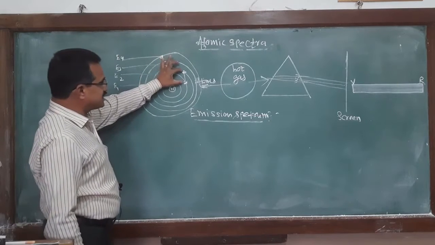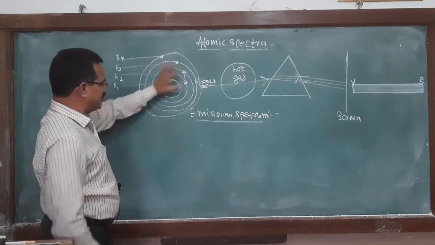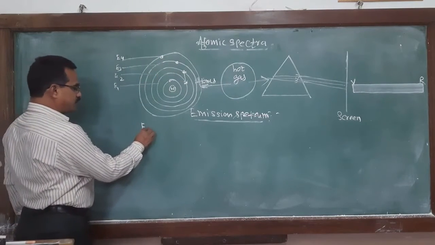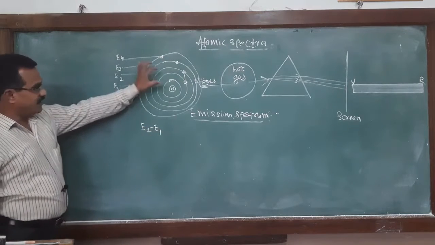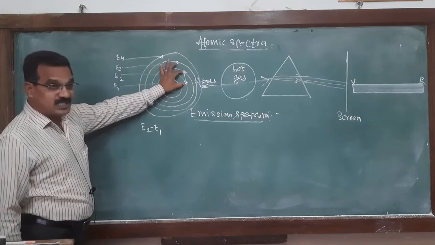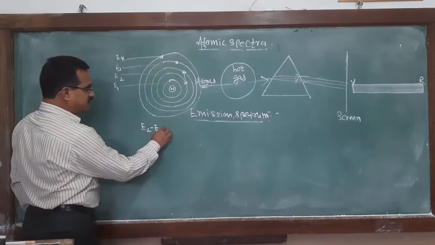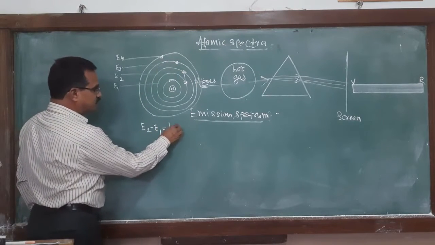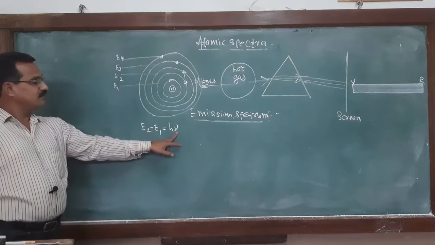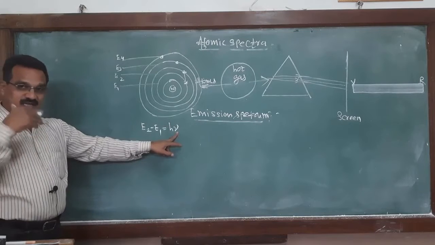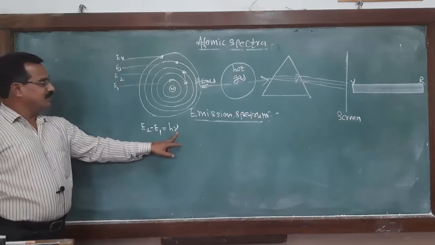The excess energy of this electron must be equal to E2 minus E1, and that must be equal to h mu, where h is the Planck constant and mu is the frequency of that radiation.